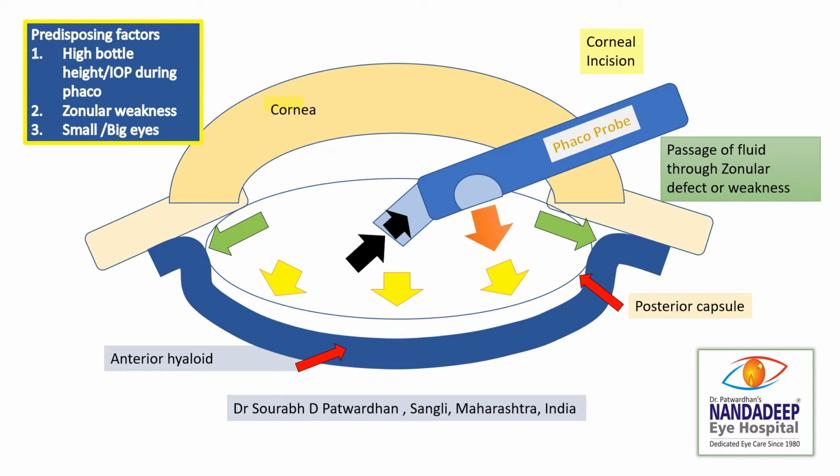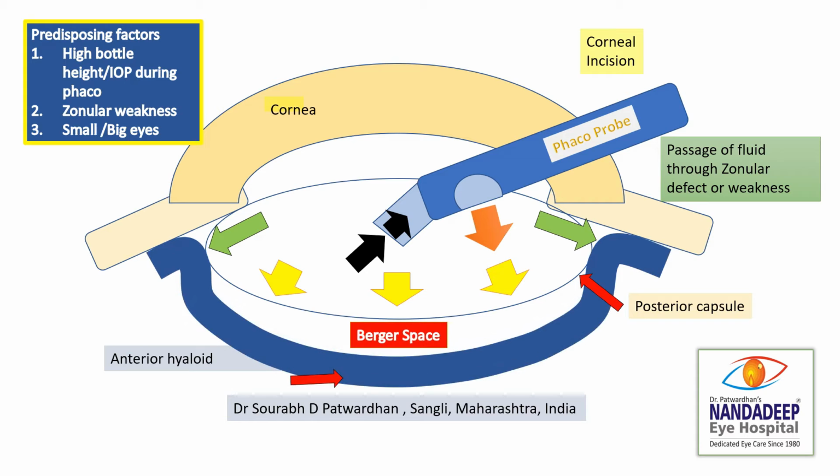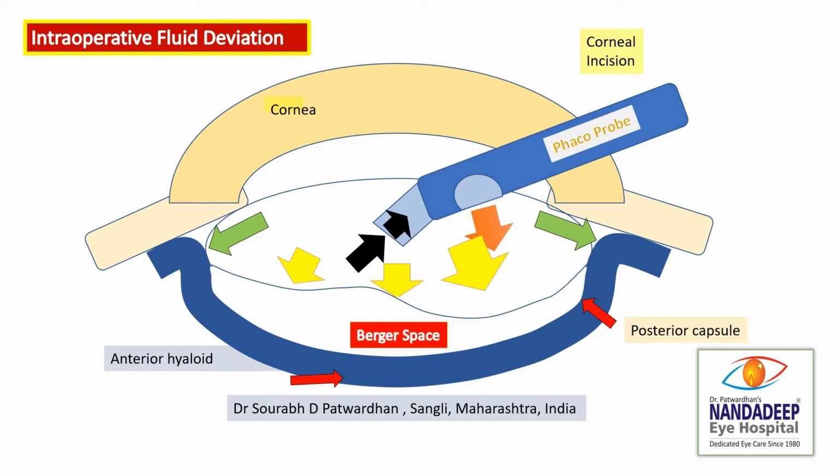The predisposing factors for this are high bottle height or IOP during phaco, zonular weakness, and abnormally small or large eyes. As the fluid keeps on accumulating in this Burgess space, the posterior capsule becomes more redundant and will start pushing itself forward.